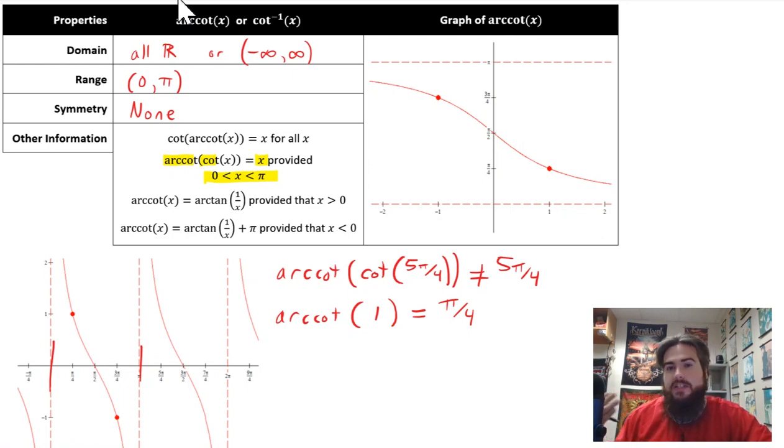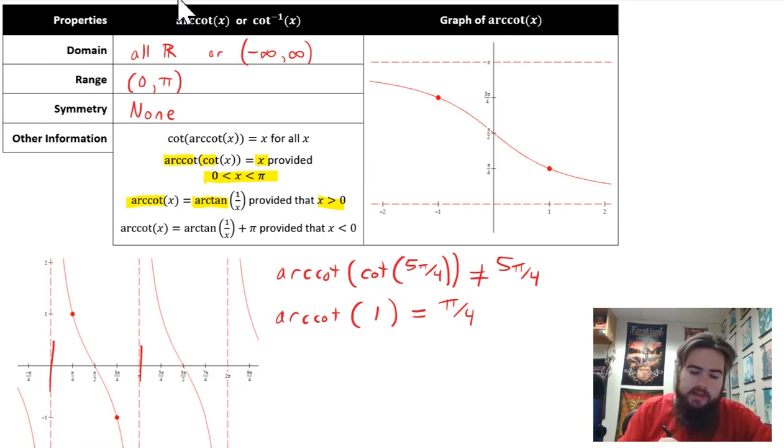If you did that in arctangent, a positive ratio should also give you an angle measure from 0 to pi halves, which means you can change arccotangent of x into arctangent of 1 over x to take the reciprocal of the ratio of sides. That works just fine, just like it did for arcsecant and arccosecant, if you're dealing with a positive ratio.